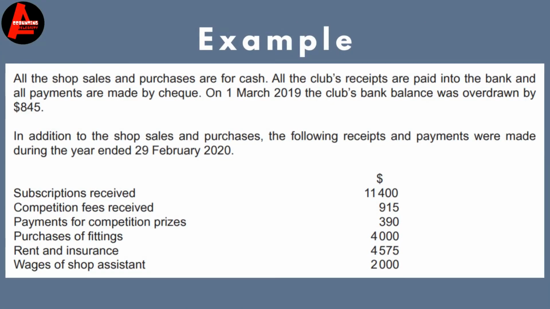Then what is written in the question? All the shop sales and purchases are for cash. All the club's receipts are paid into the bank and all payments are made by cheque. On 1st March 2019, the club's bank balance was overdrawn by $845.